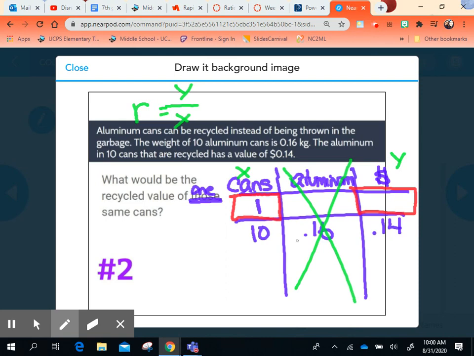What do you have? Good. Perfect. We have 0.014. Nice job, William.